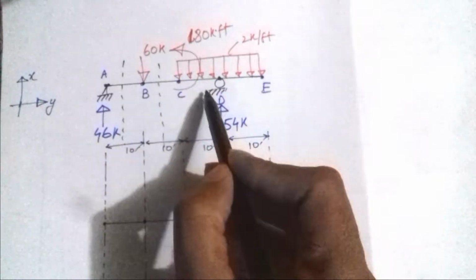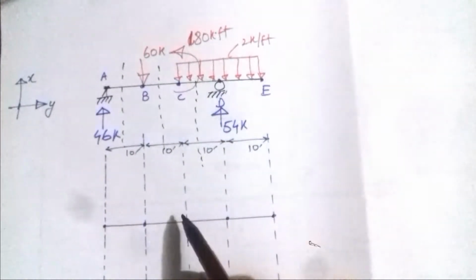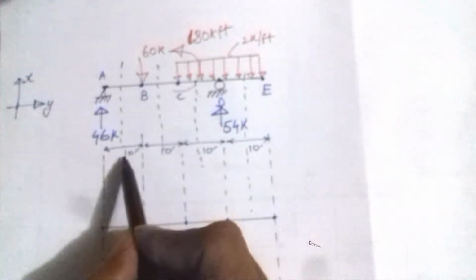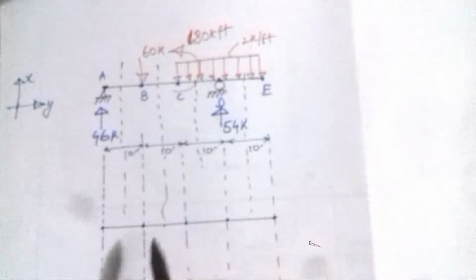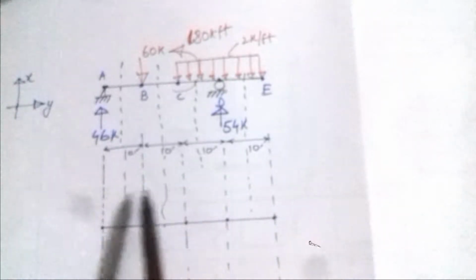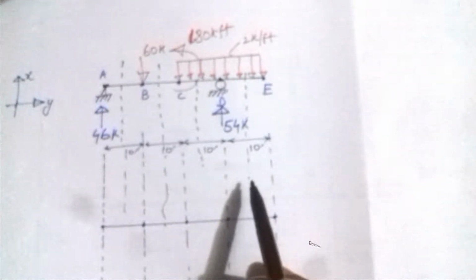Here we have a moment, so the third section would be somewhere here, and the last section would be somewhere here. So these are the sections 1, 2, 3 and 4 that I'm going to cut and find out the various bending moment and shear force at that section.